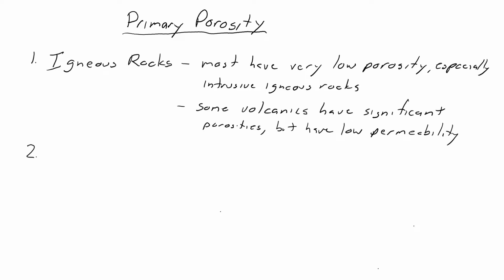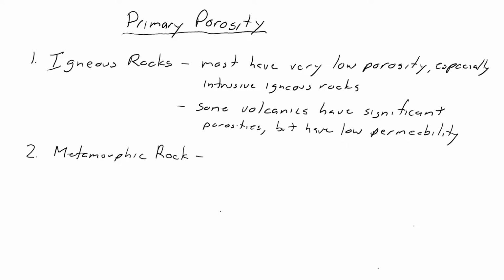So the second rock type we talked about were the metamorphic rocks. Remember, metamorphic rocks start with a parent rock, typically some sort of sedimentary rock, and then they experience heat, pressure, and fluids.